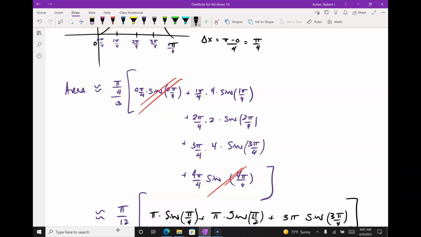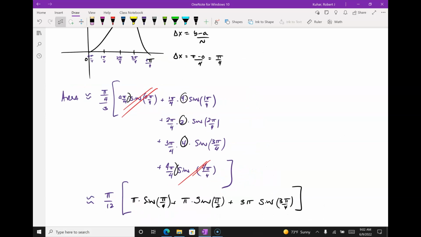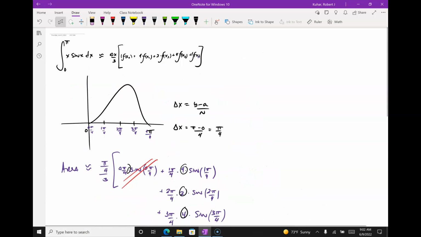Yeah, so the 1, 4, 2, 4, 1 is coming from Simpson's rule, right? They had figured out the formula for it. I'm always going to have 1 times, right? The first 2, 4, 2, 4, and then it should be ending with a 1. So then I'm plugging into that, right? So I'm plugging in, remember, f of x is x sine of x.